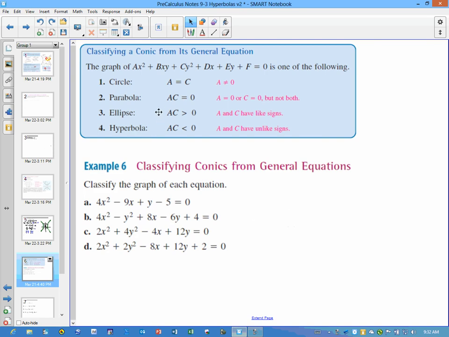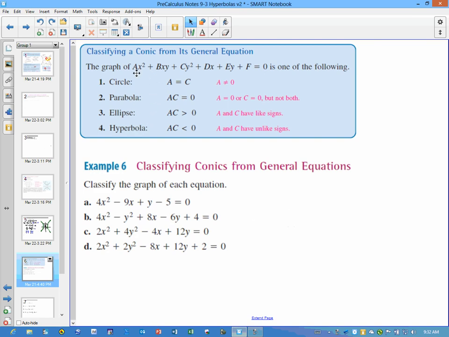If one of them is missing, in other words, if one of them is 0, if you have an x squared term but you don't have a y squared term, or vice versa, then the product will be 0, but not both of them 0. You have to have one but not the other. If that's the case, then you will have a parabola, because in effect the equation is basically y equals x squared or x equals y squared. So that will be a parabola.